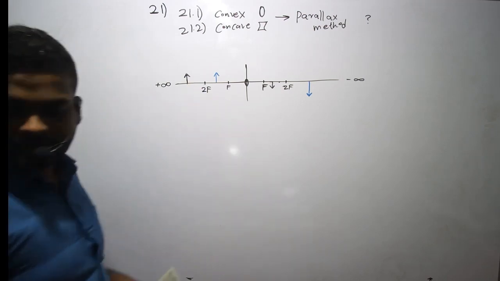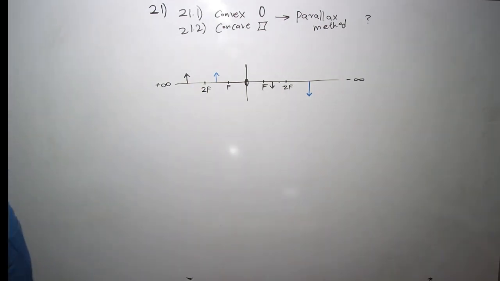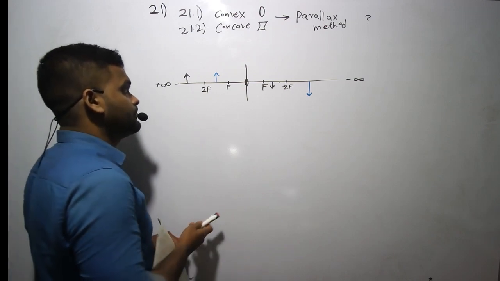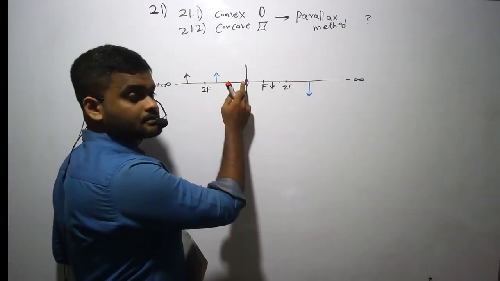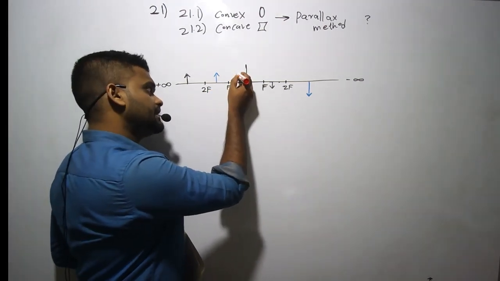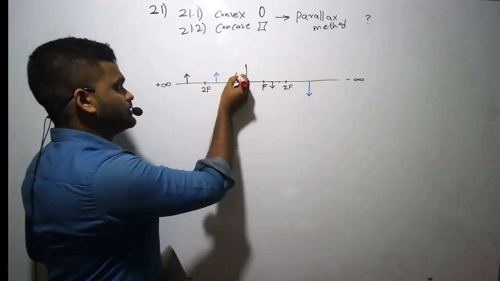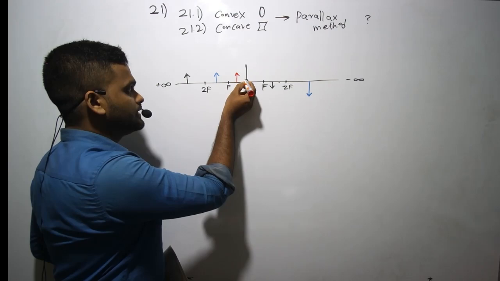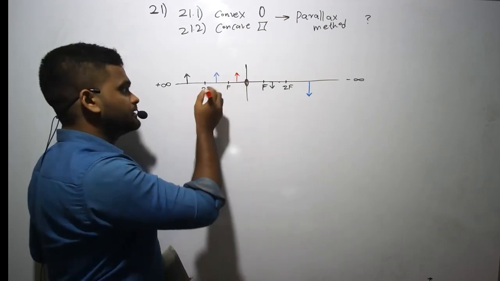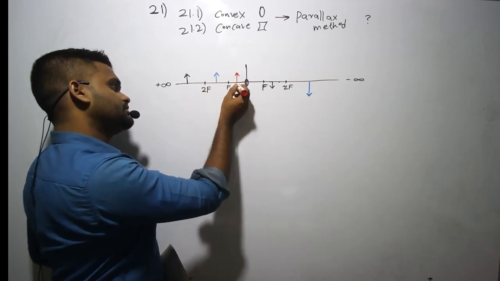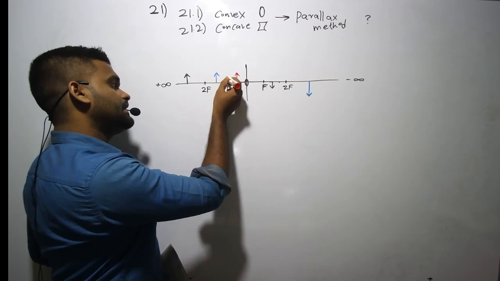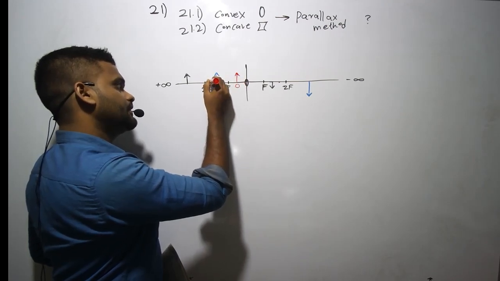Then we are going to use this region between F and the lens. So let's say you place this object here. You know the image is not inverted and it will be behind the object. So this is the object. It will be behind the object, let's say somewhere here.